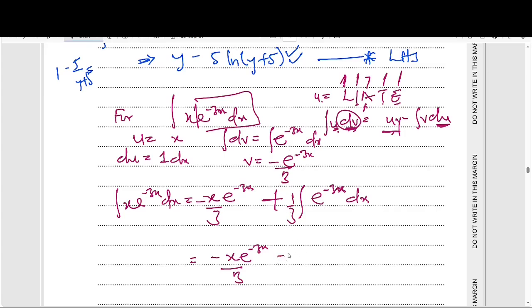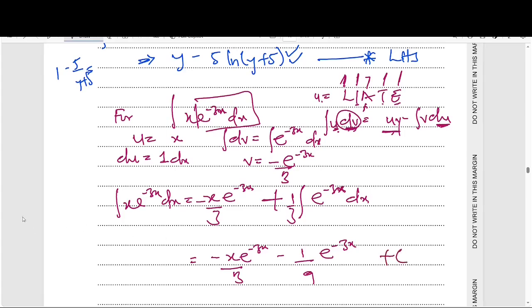So minus 1 over 3 here, and then e to the negative 3x divided by negative 3. That makes the 3 here 9. So I'm going to erase that and replace it by 9. And I hope you know why the plus sign has changed to negative, because we're going to divide by negative 3. So you have 1 over 9 over here. Then maybe we can add our c.